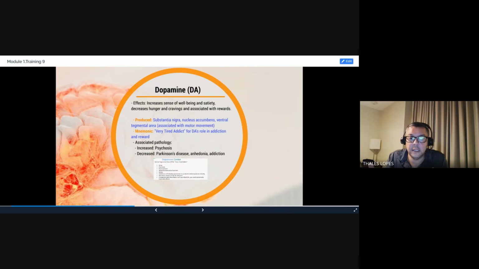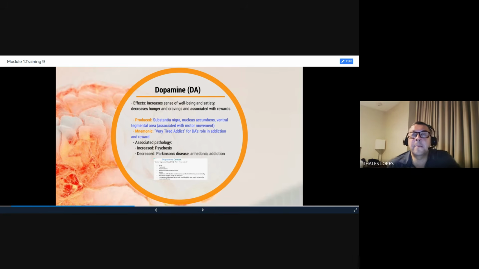Dopamine is produced in the substantia nigra, nucleus accumbens, and VTA, the ventral tegmental area, or you can call it very tired addict, to remember, right? You need to know substantia nigra, nucleus accumbens, and ventral tegmental area.